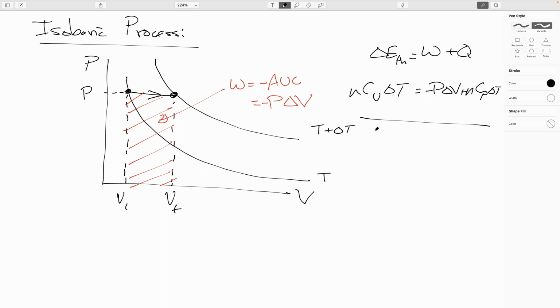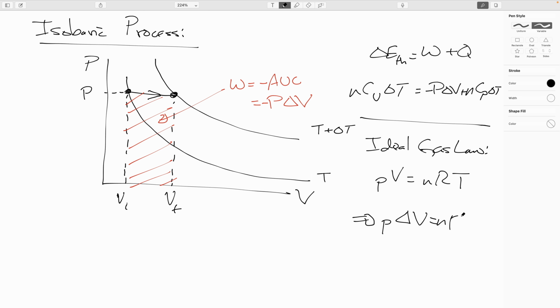And if we take a look at the ideal gas law, so we're doing this for an ideal gas, but the result works out really well in general. So we have PV equals nRT. Well, if I'm not changing the number of moles and I'm not changing the pressure, then I can infer that the pressure times the change in volume would be equal to nR times the change in the temperature.